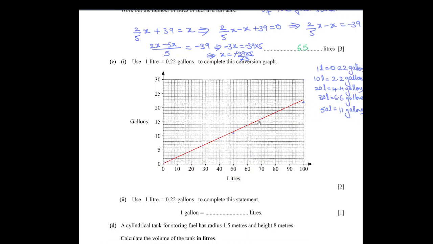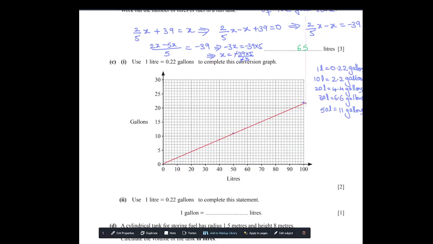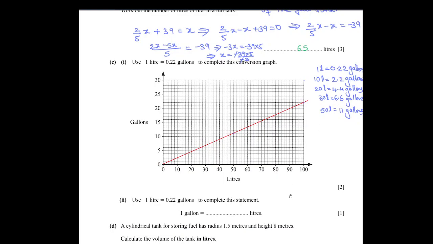You have to draw it very carefully with your ruler. It should pass through your points. Okay, this is the conversion graph for the given question. 1 liter is 0.22 gallons.